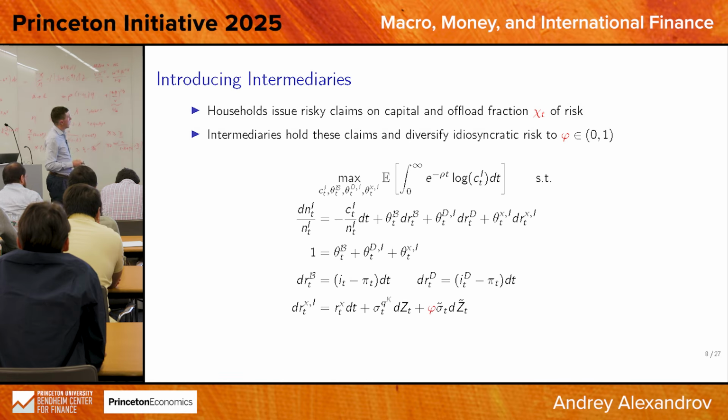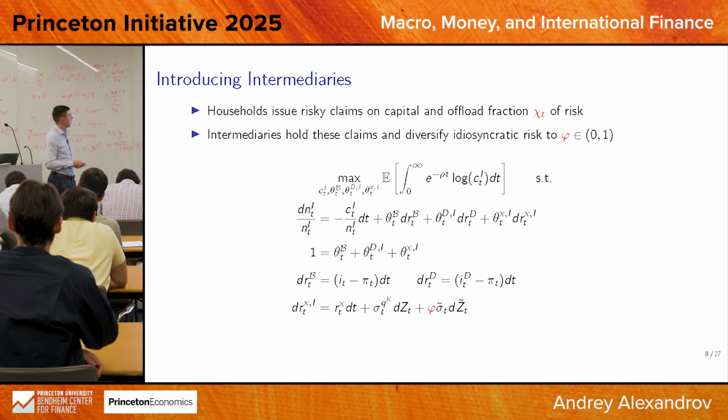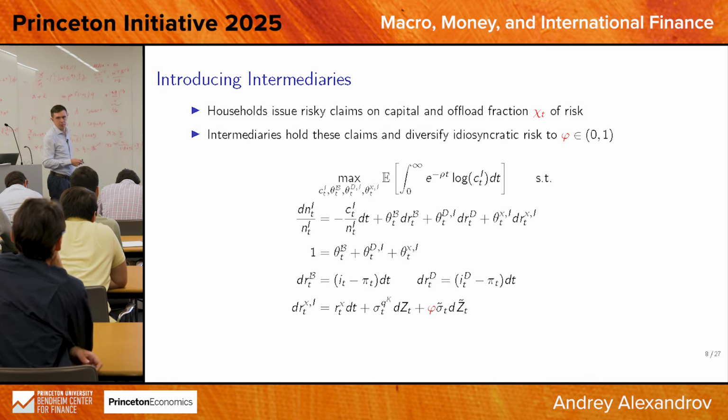All right, so this is the problem of intermediaries so far. They have log utility. They choose how much to consume, and they allocate their wealth across these three assets. Again, for now, short-term government bonds, deposits that they issue to the households, and the outside equity claims. So these are risky claims on capital, again, same as what you had seen before.